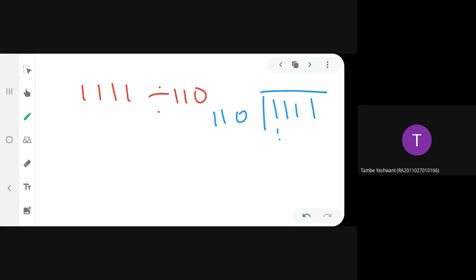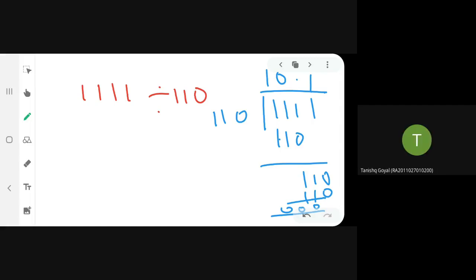Ma'am, we'll write 1, then remainder will be 1. Again 1, but it is not enough. So what you will do is put a decimal point, then 0, you will add, then 1 time it goes. So 110 divided by 0. Okay. All right. Understood? Yes or no? Yes, ma'am.